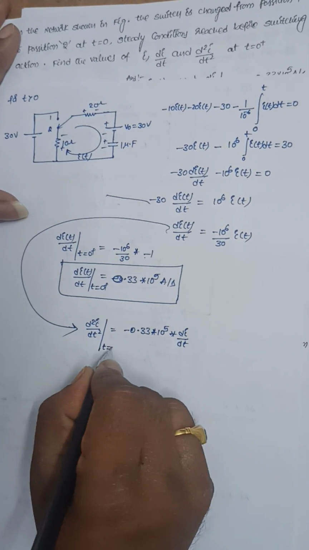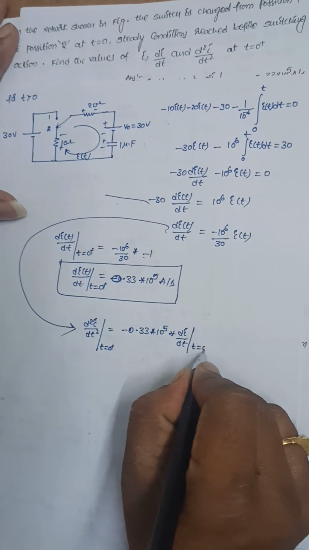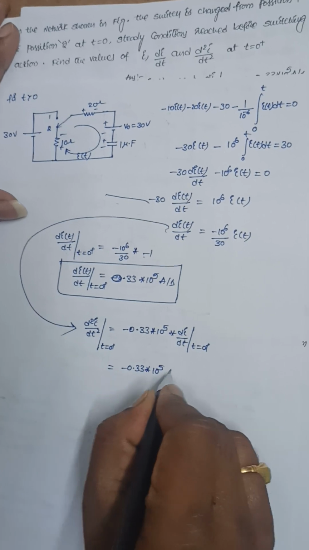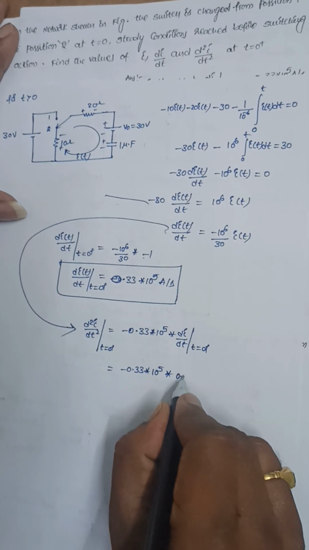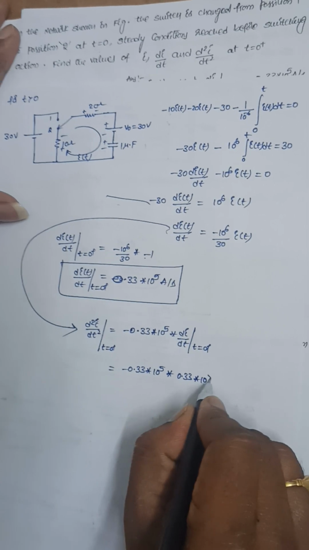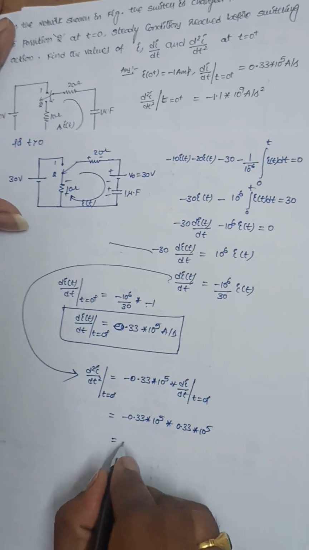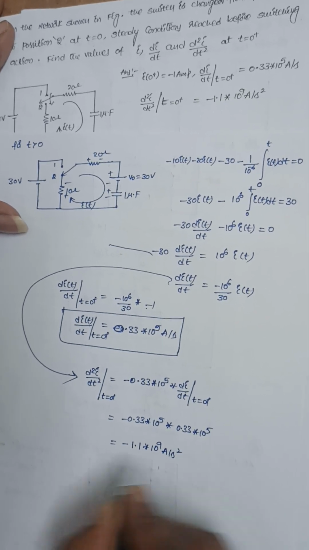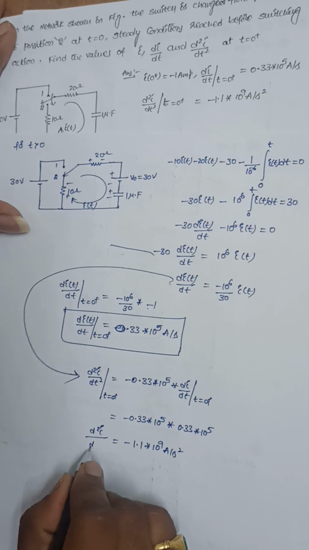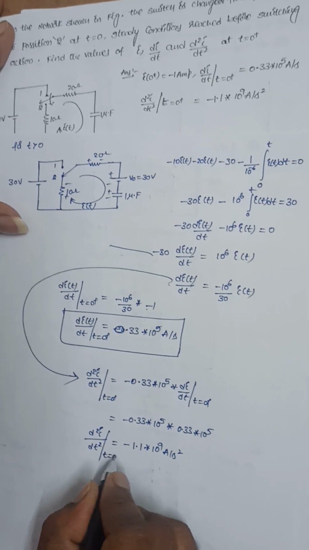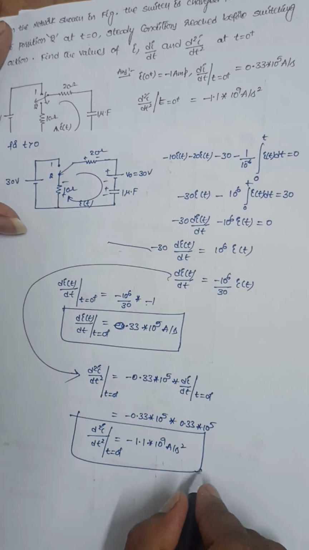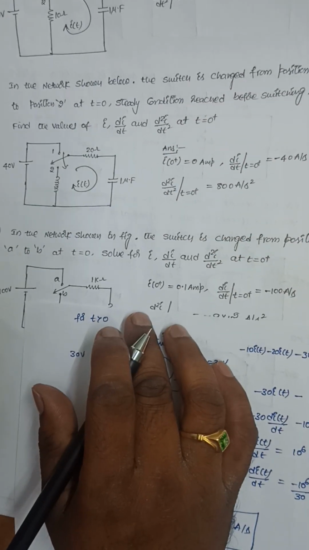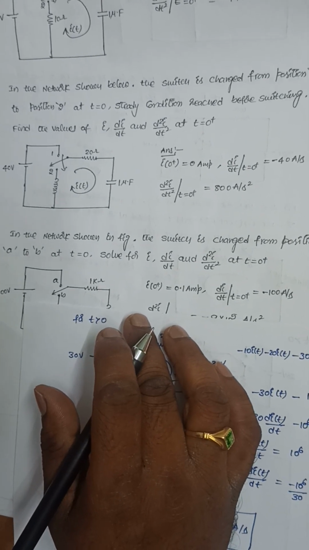So at t equal to 0 plus, that is equal to minus 0.33 into 10 power 5 into di by dt at that point, which is 0.33 into 10 power 5, that is equal to minus 1.1 into 10 power 9 ampere per second square. So this is the answer, d square I by dt square at t equal to 0 plus. Next, let me solve these two problems also, so that I can stop this class.